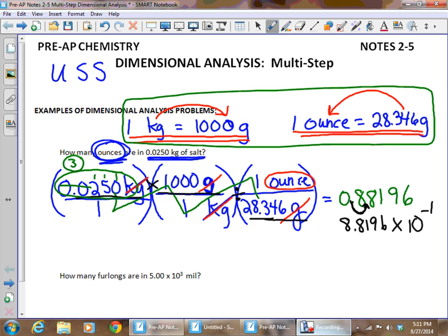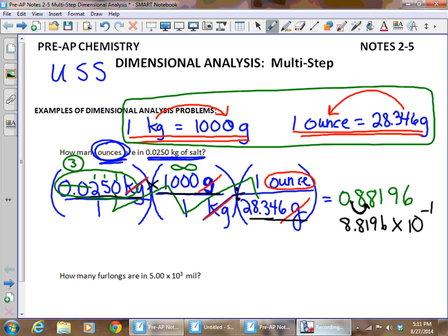1,000. 1,000 is a counting number, an exact number. It has infinite sig figs. If it has infinite sig figs, it is never going to count in our sig fig calculation. That's like saying 1,000.000 infinity zeros because it's an exact number. So it's never going to count for sig figs.